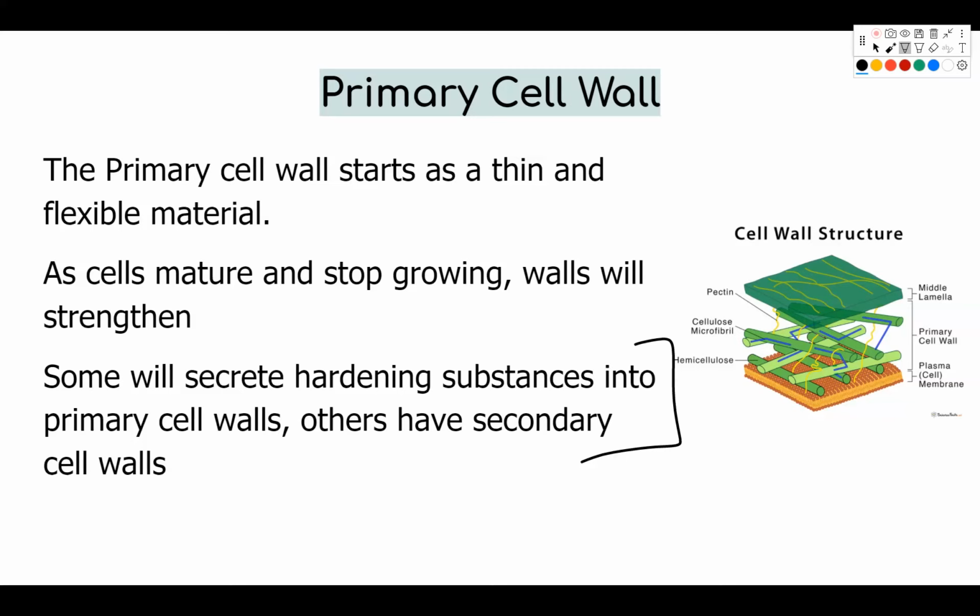This bit right here, this cell wall structure, this orange bit, this is our cell's plasma membrane. This green goopy bit up here is just the extracellular space called the middle lamella. We'll talk about that in a second. This is what our cell wall actually looks like.